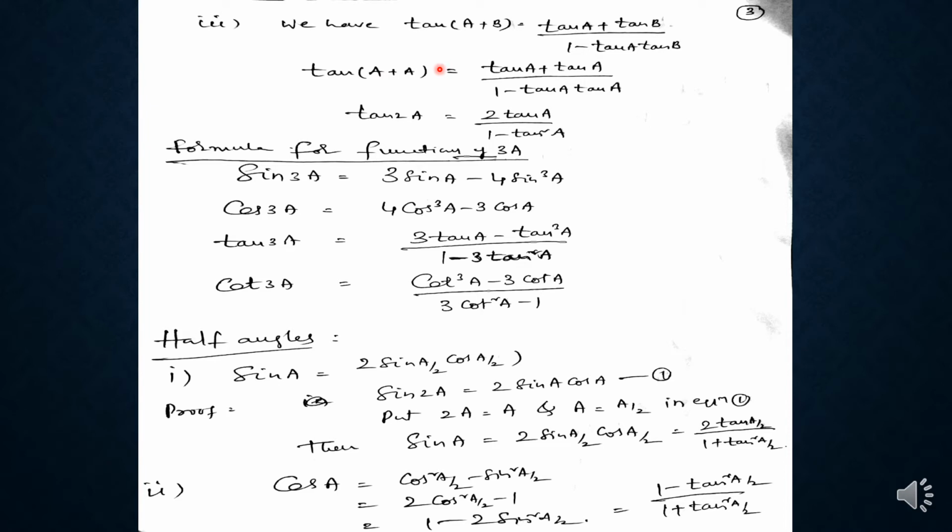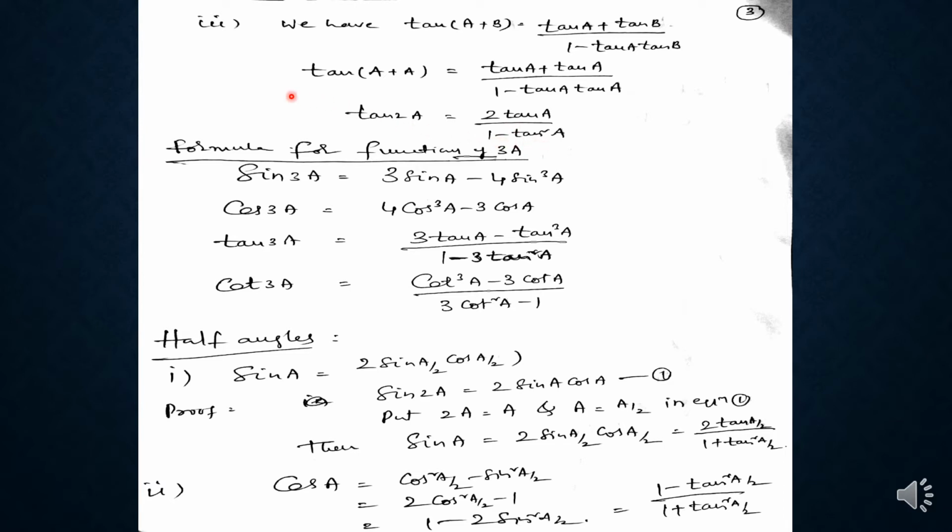In the compound angles, we have the formula tan of A plus B is equal to tan A plus tan B divided by 1 minus tan A into tan B. If we put B equal to A in this, we get tan of A plus A is equal to tan A plus tan A divided by 1 minus tan A into tan A. That becomes 2 tan A divided by 1 minus tan square A. So tan 2A is equal to 2 tan A by 1 minus tan square A.